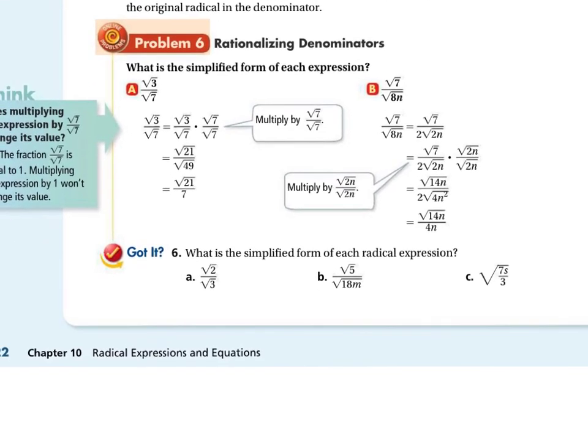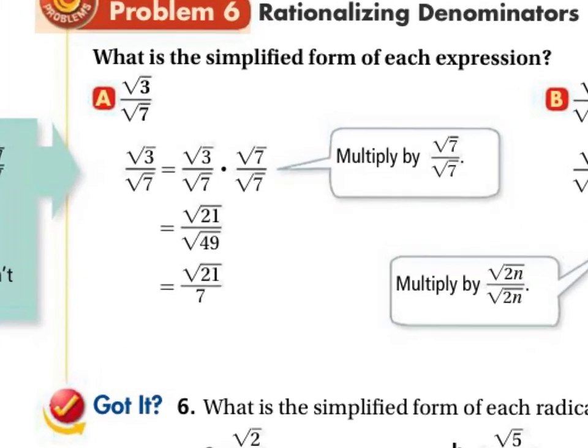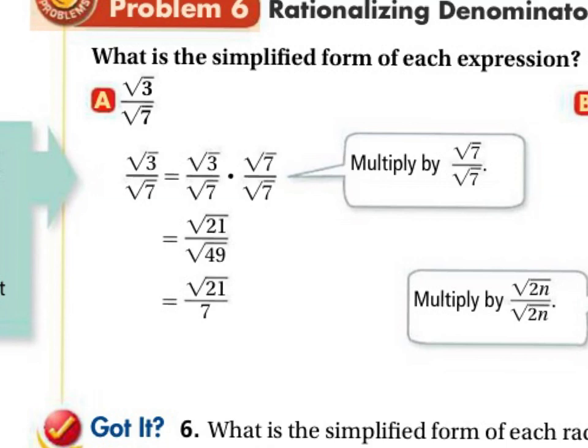So if you look at this on problem 6, part A, what they're doing is neither one of those comes out evenly, but we don't want to keep a square root in the denominator. So what they did is they multiplied the numerator and the denominator by the square root of 7. By doing that, in the denominator we now have square root of 49, and then the square root of 49 is 7.